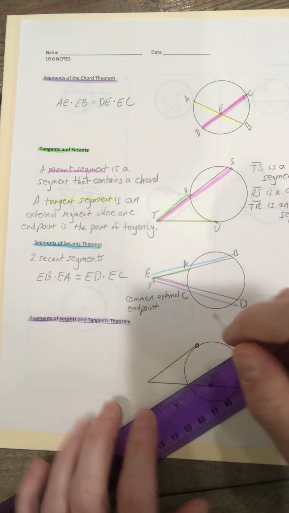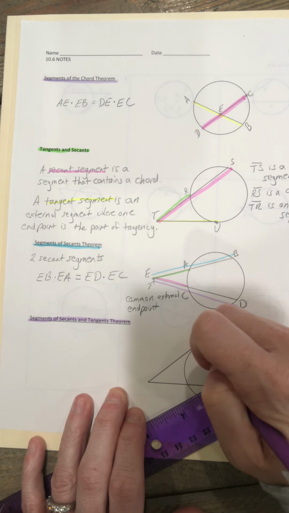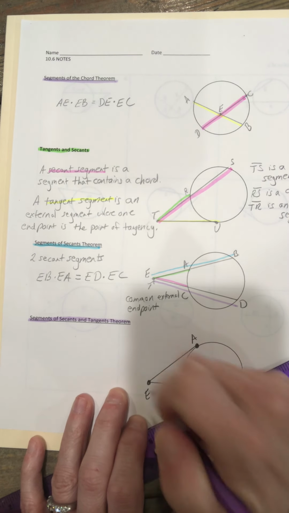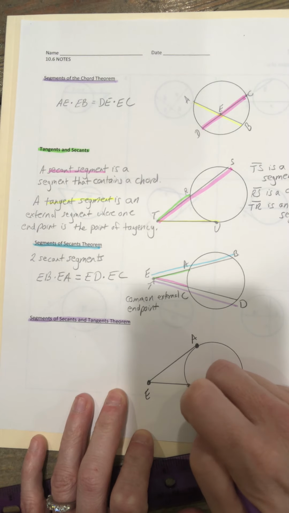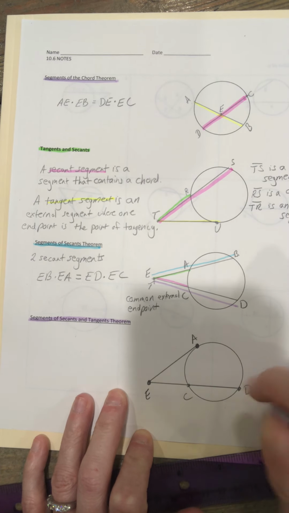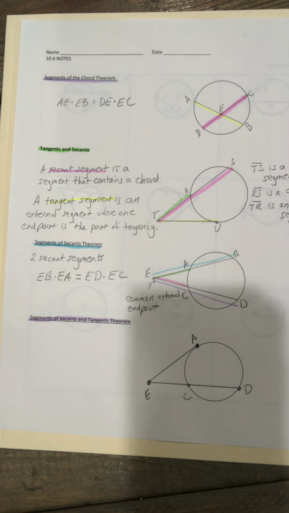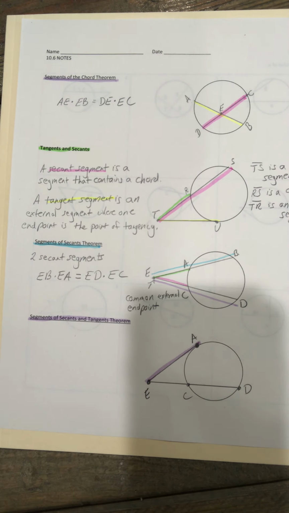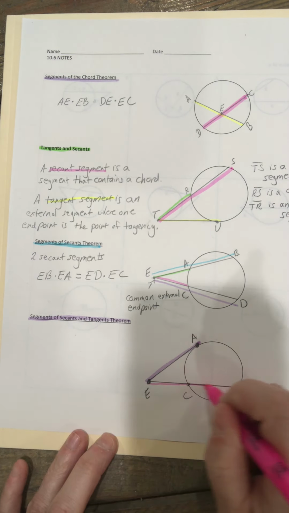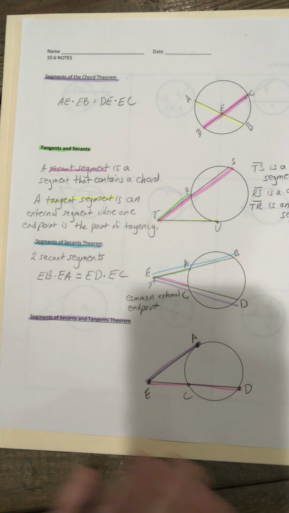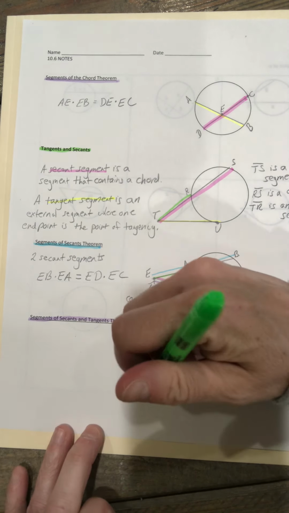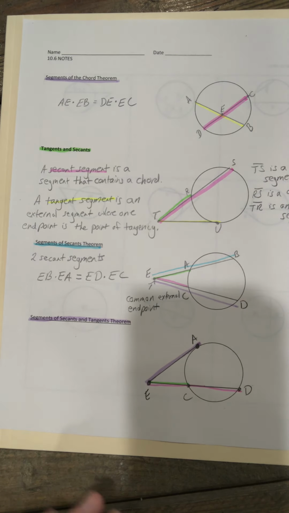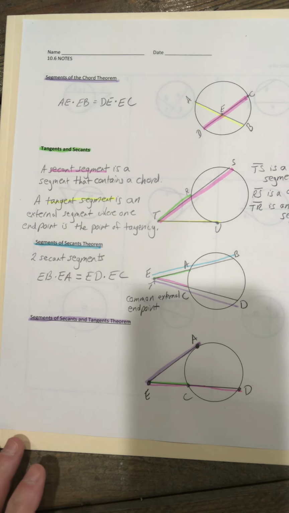So by doing this, and E is my external point, they meet at an external point. This will be C and this will be D. All right, so if we take a look at this, let's just go by our vocabulary here. We have EA is my tangent. ED is my secant segment, and EC is going to be an external segment of that secant segment.